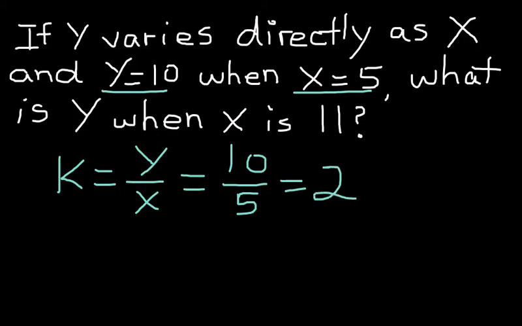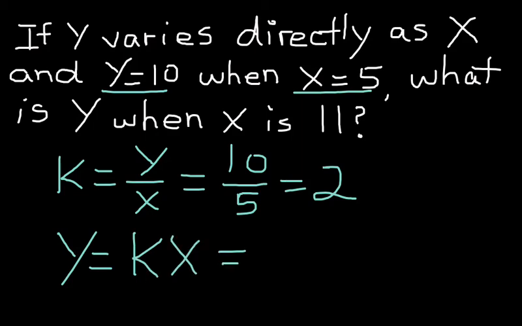Our question didn't say what is k, it said what is y. But once we know our constant of variation, since we know that it will be the same for all values of x and y, then we'll just compute that by using our original equation for a direct variation, y equals kx.